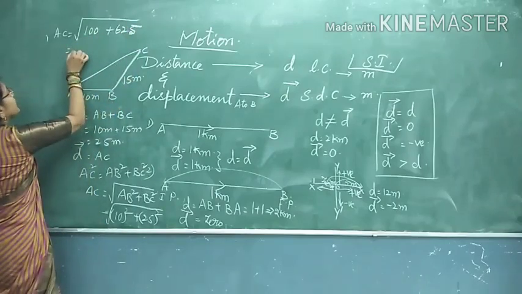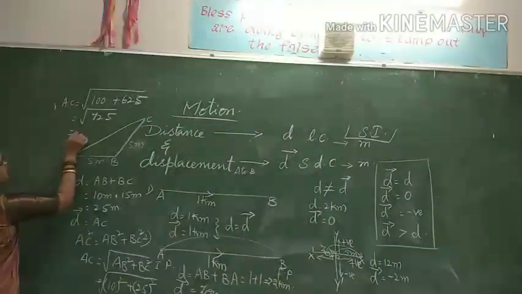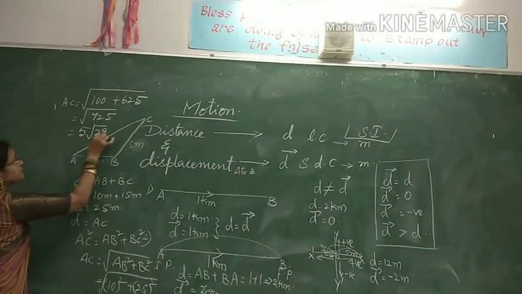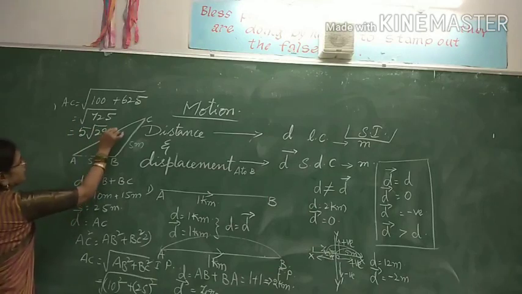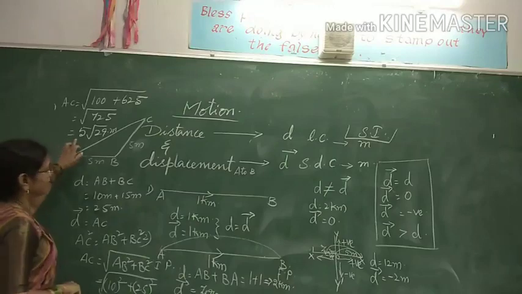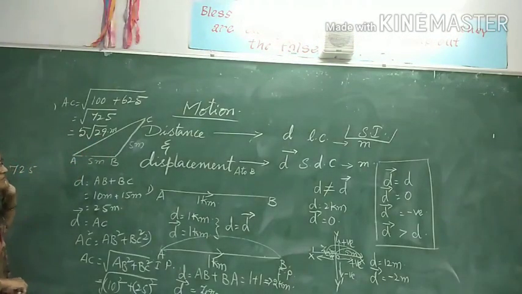Now total is under root 725, which is equal to 5 root 29 meters. Do the mathematics like this, by factorization or by square root, you will be getting the answer. 5 under root 29 meters is the answer for this.